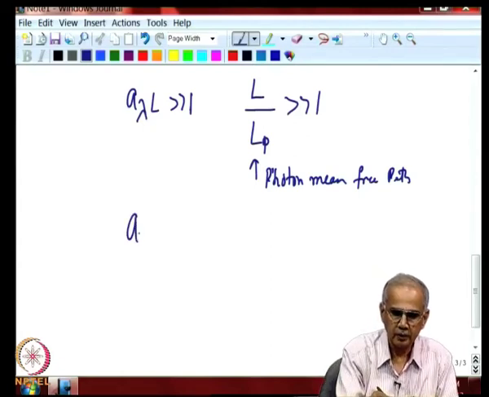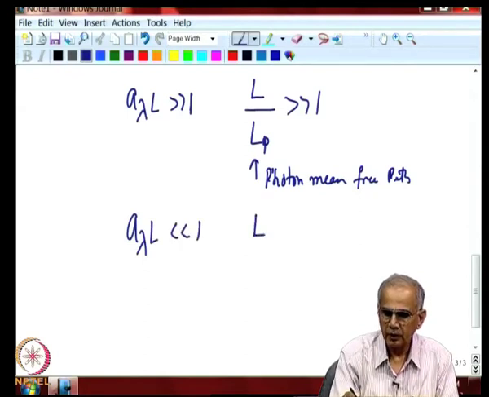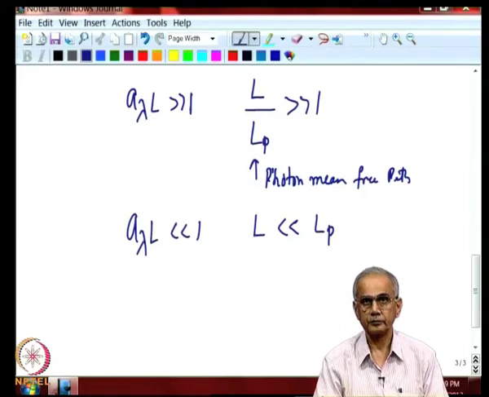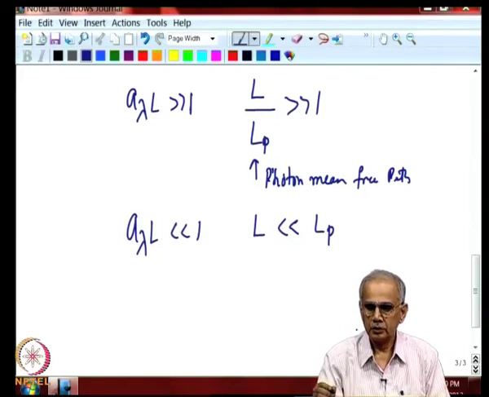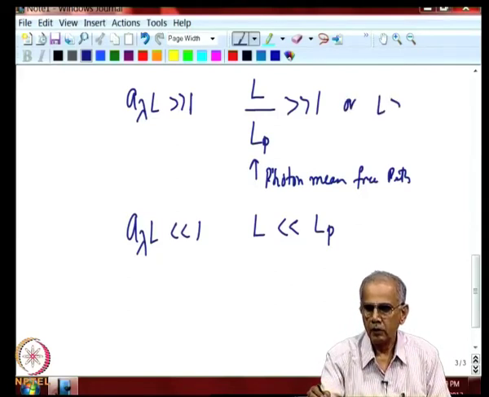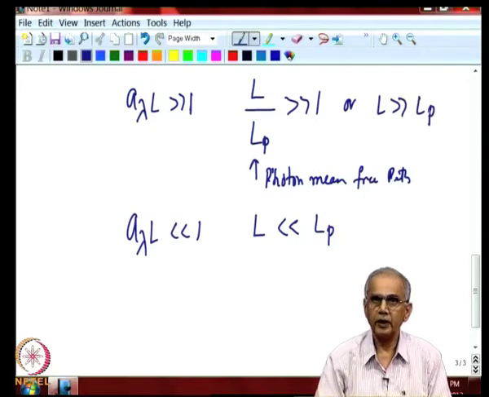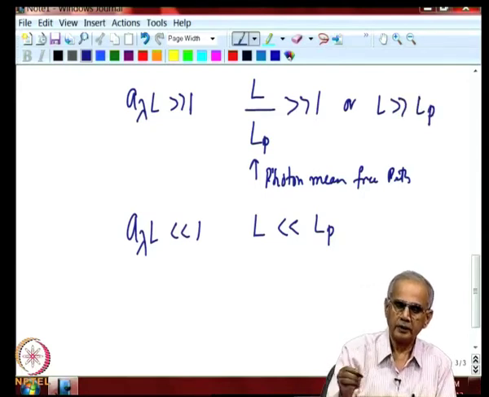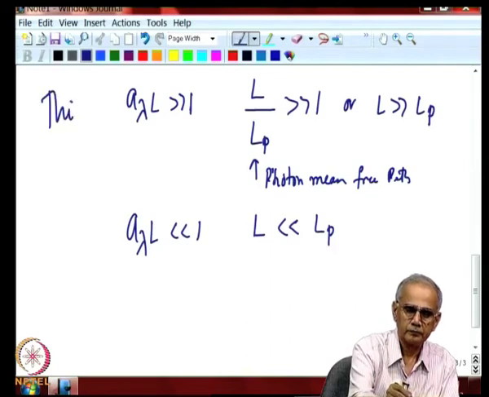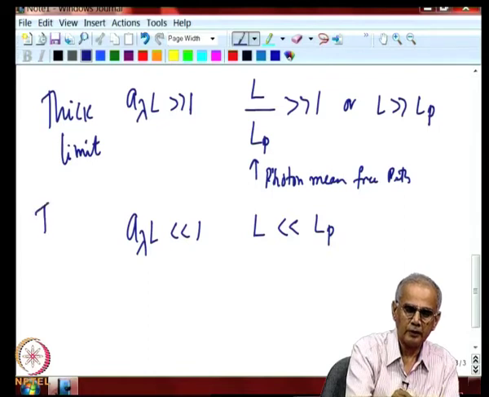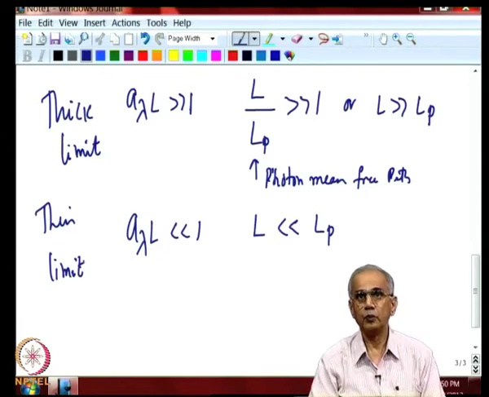And in the optically thin limit, the length is small compared to the photon mean free path. So, you can see that the way radiation will behave in the thick limit and in the thin limit will be very, very different.